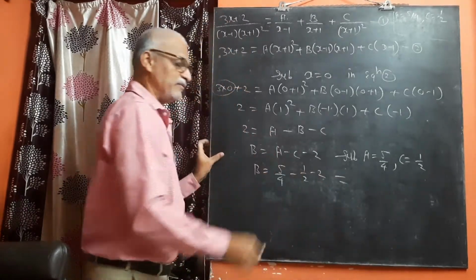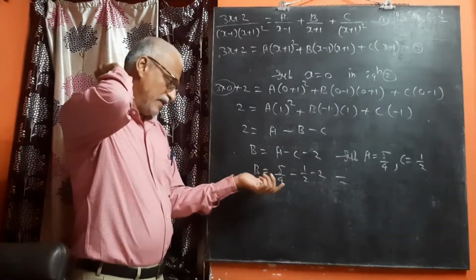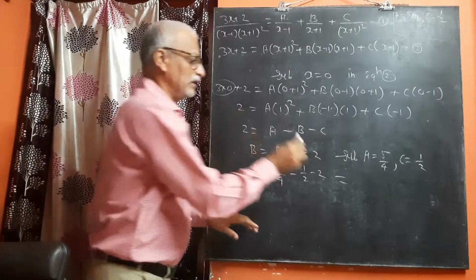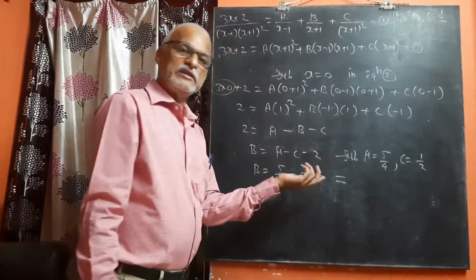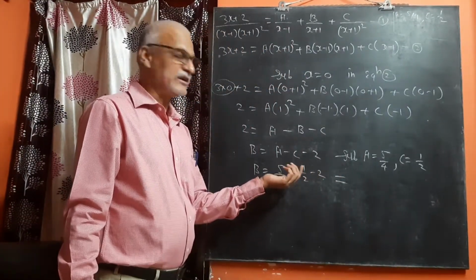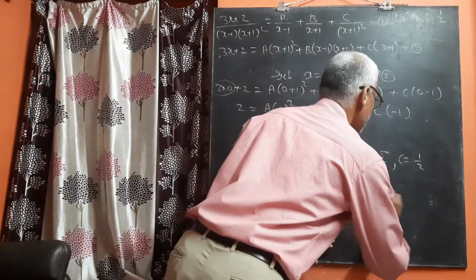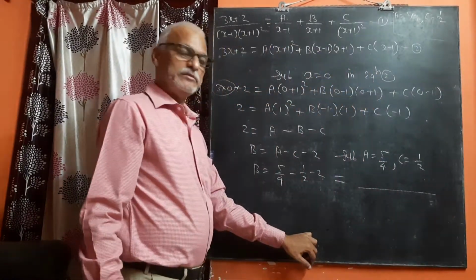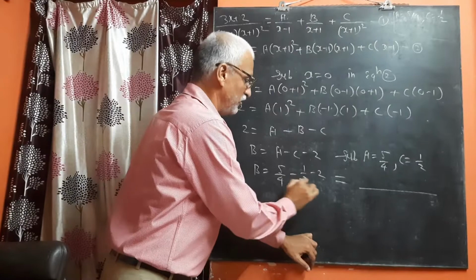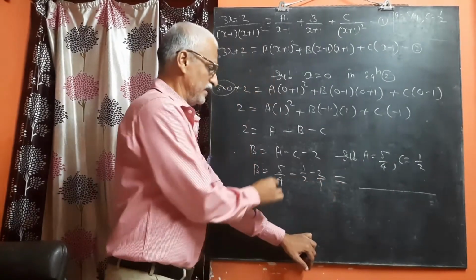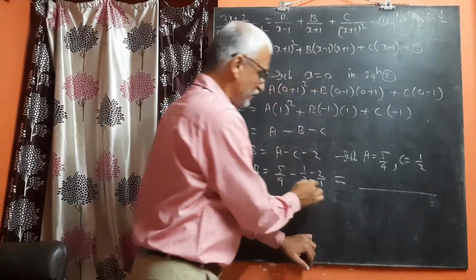This is in fractions, so we have to simplify it. Now you have learned how to simplify addition and subtraction of two fractions. The simple way is to find the LCM. What is the LCM of 4, 2, 1? The LCM of 4, 2, 1 is 4.